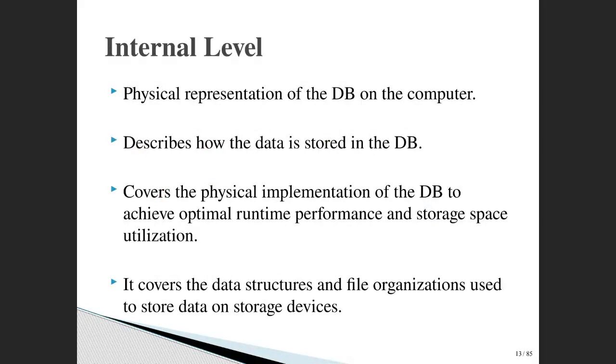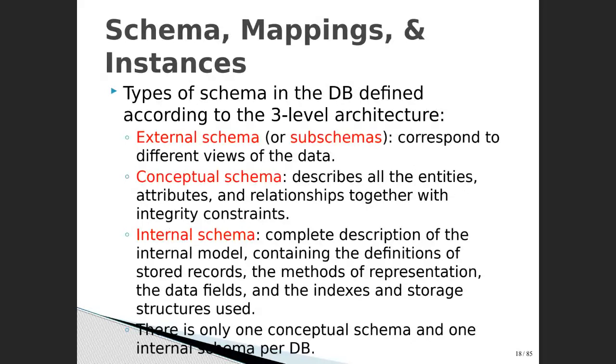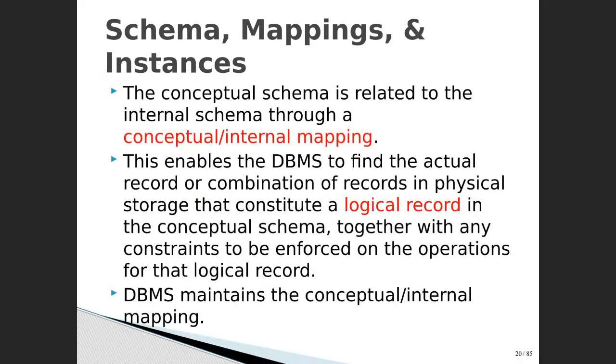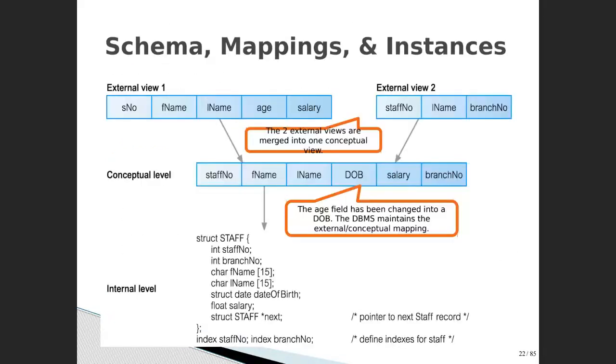Then we said we need to have mapping between these levels by having schemas. So we have external-conceptual mapping and then conceptual-internal mapping, just to make sure that all data in the database will be reflected properly in any of these levels. So mapping will ensure data consistency and integrity.